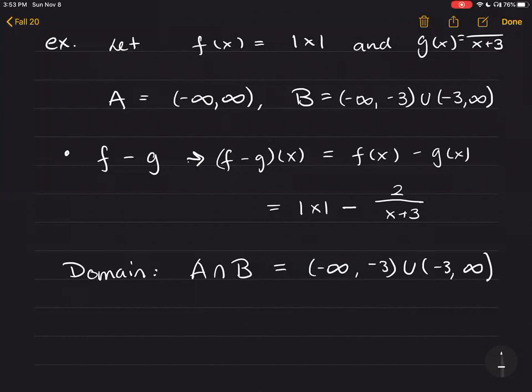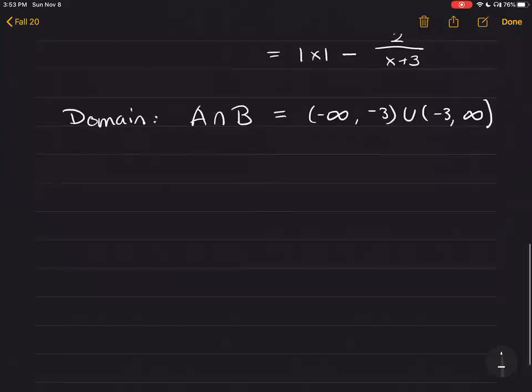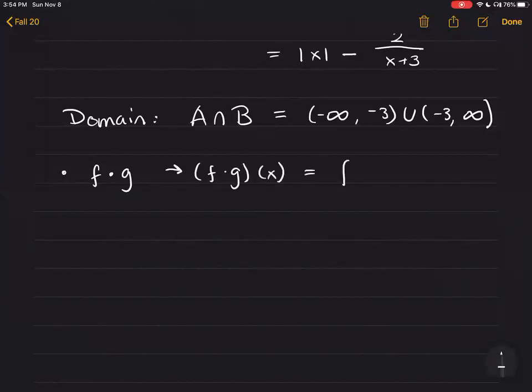All right. Let's maybe look at f times g. And so that's going to be f times g of x, which by our rules will be f of x times g of x. And if we write this out explicitly, f of x was absolute value of x, and then g of x was 2 over x plus 3.